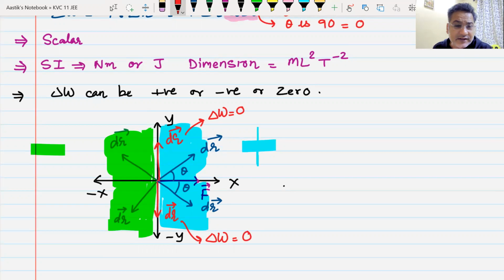So this diagram and the angle decide whether the work done by the force is positive, negative or 0. Remember, it's not the force or the displacement that decides. It is the angle between the force and the displacement that decides whether the work done by the force is positive or negative. Do we understand this?